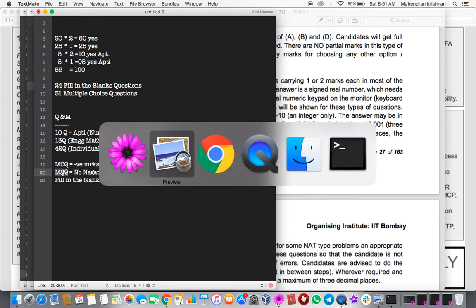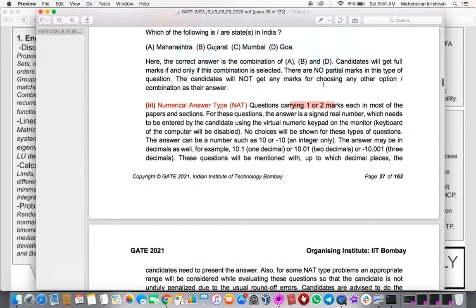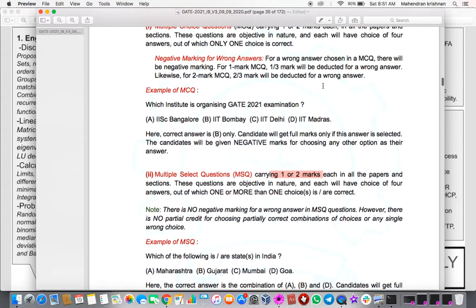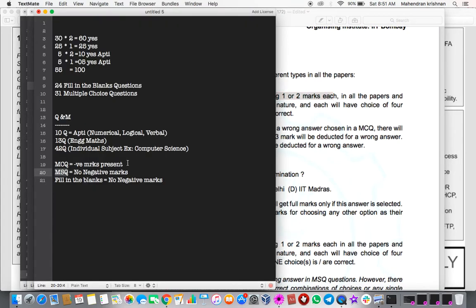Fill in the blanks, MSQ, MCQ could all be 1 mark or 2 marks. So in all three types of questions, both 1 mark and 2 marks.